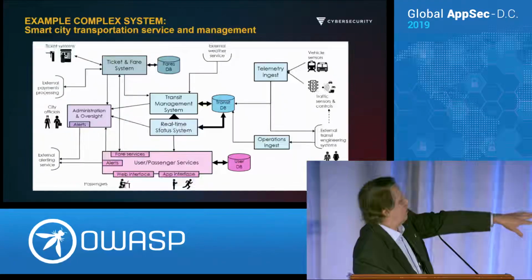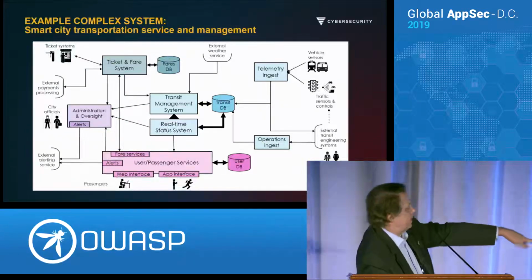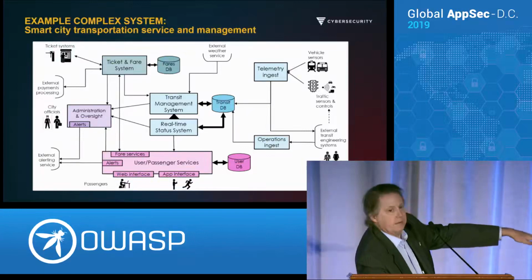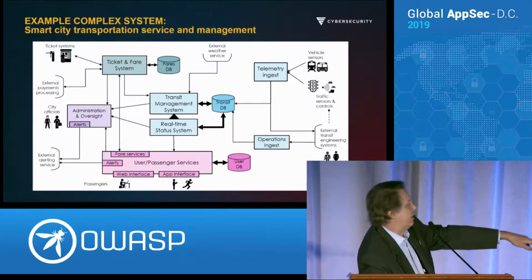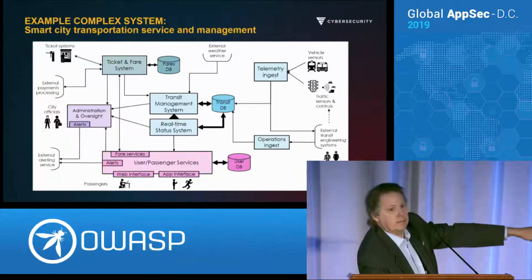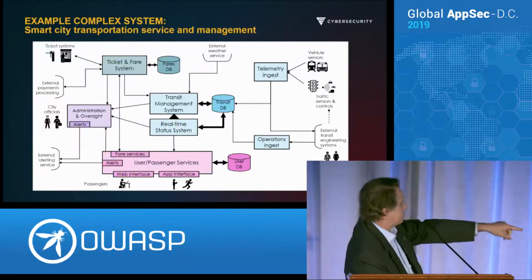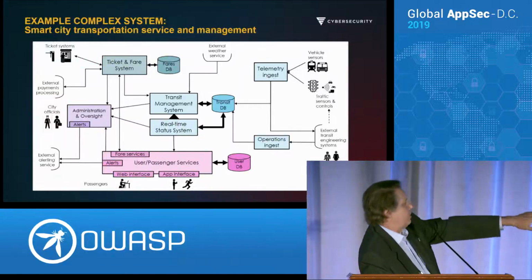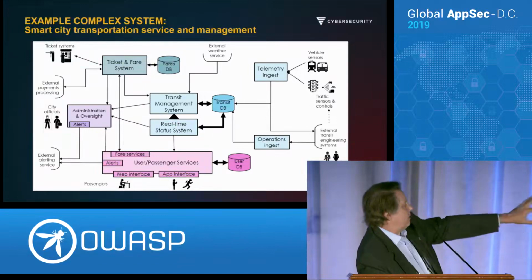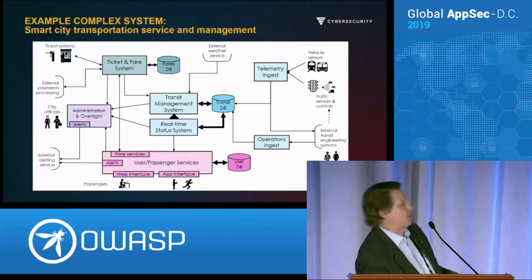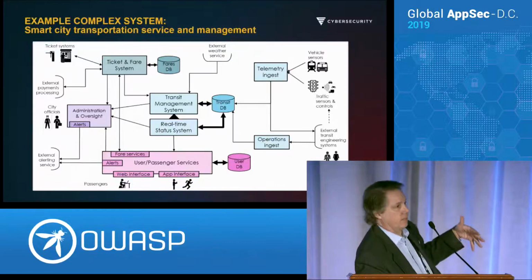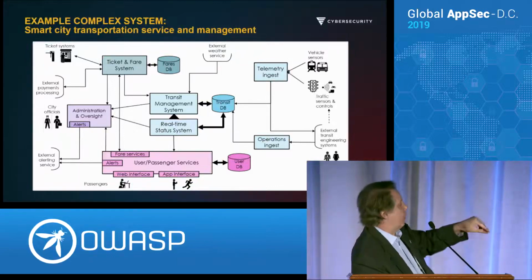So what's going on in this puppy? You've got the users at the bottom, passengers who want to buy tickets and ride on the subway, and that guy is running because he's about to miss his train. And of course, there's a database that holds the user information. Then you have the management system in the center, and it has its own database, which probably isn't the same type of database as the one below it.